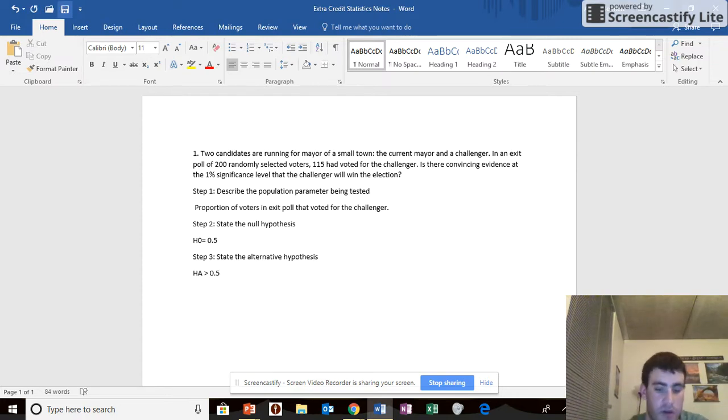Step 4 is to select the significance level, which is usually given to you. Here it asks about the 1% significance level, so alpha equals 0.01.